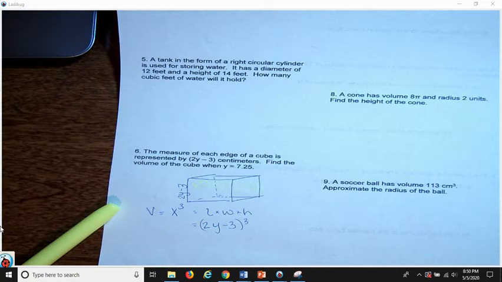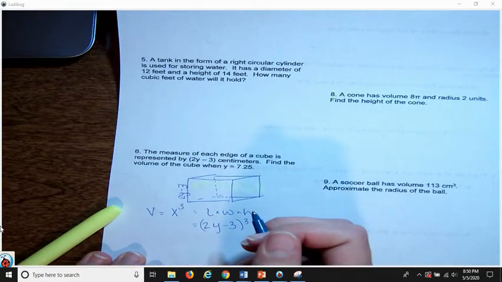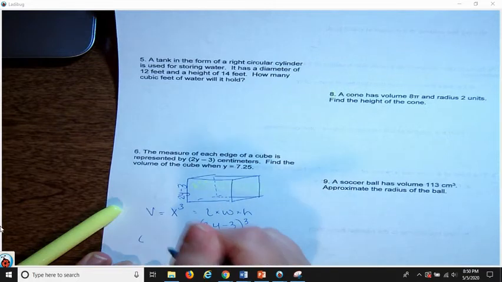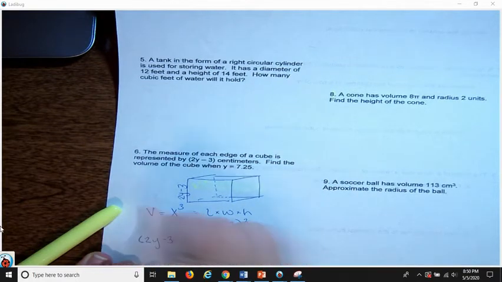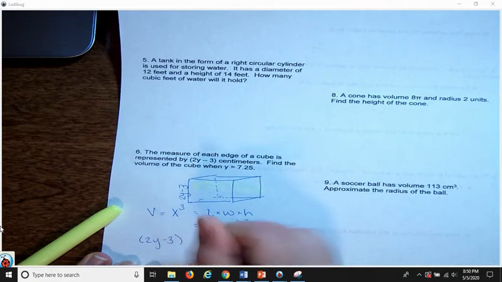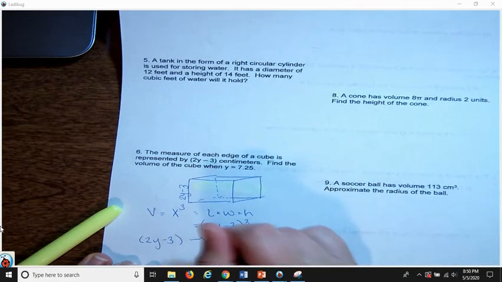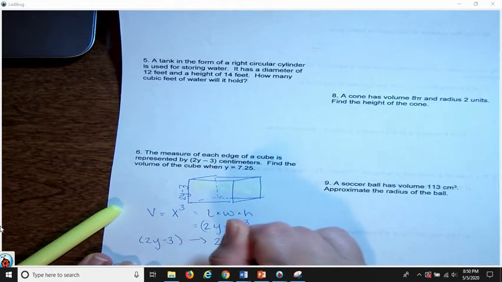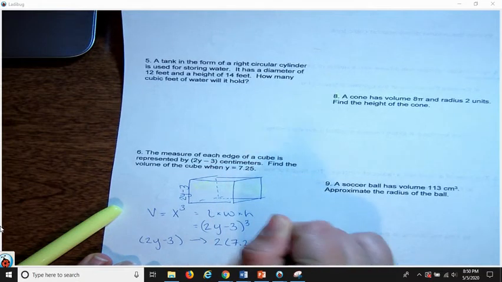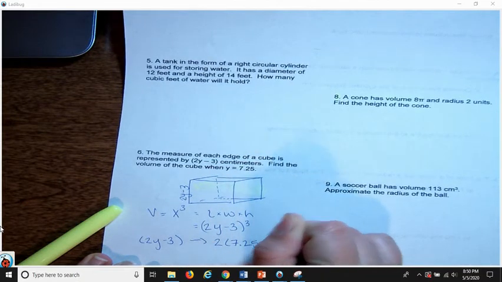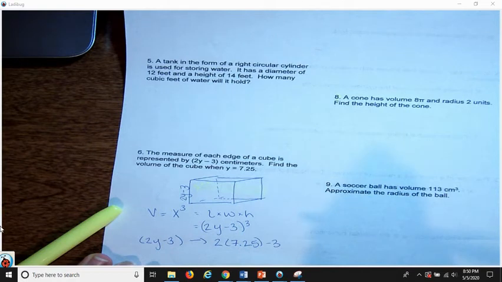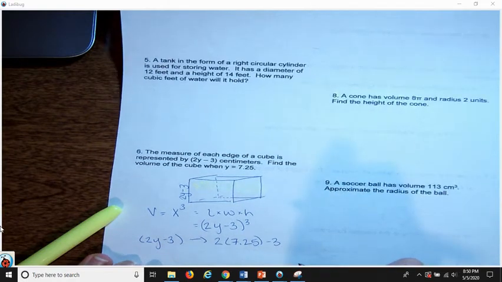So what I suggest you do is take 2y minus 3, sub in your y, 7.25. Okay, and 7.25 times 2 is going to be 14.5, minus 3 should give me 11.5.